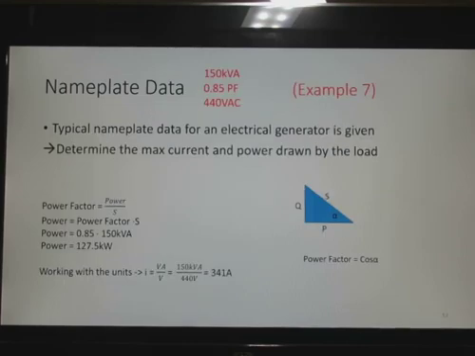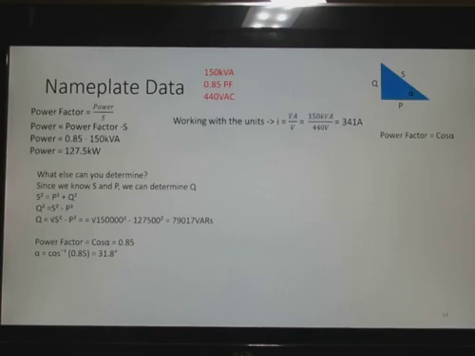Here we have an electrical generator with faceplate data, and we want to find a lot of different things. We want to look at the power triangle. Working with our units of measure, we can find how much current this is going to draw. Using the S value, 150 kVA over the voltage source that's supplied to this, we get 341 amps.